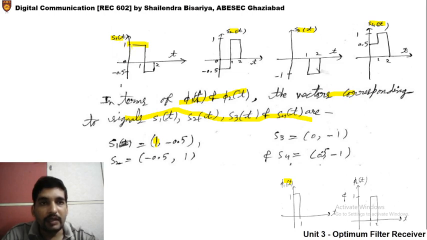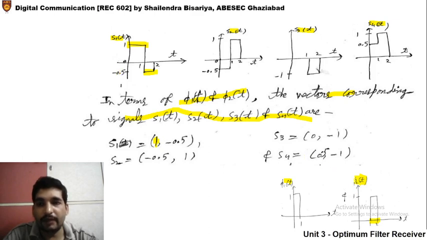Now S1(t) has the value minus 0.5 from 1 to 2. This portion is represented based on phi 2(t), because phi 2 is between 1 and 2. To obtain this signal from phi 2(t), which has value 1, we need the value 0.5 with a negative sign.